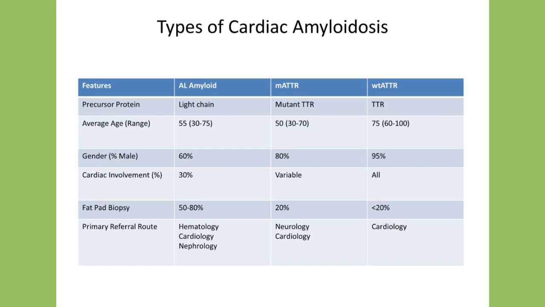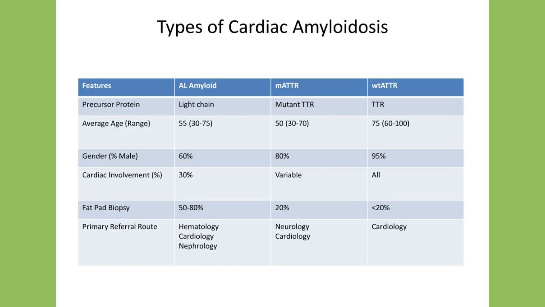For the mutant or hereditary type, we generally see this in patients about 50 years of age, but there are documented ranges of 30 to 70 years. And then with the wild type, our patients are a little bit more aged, with a range of 60 to 100 years of age. God bless those patients that make it that long. And our average age of diagnosis is 75 years.